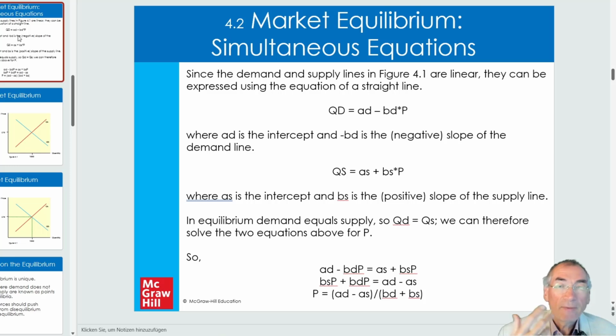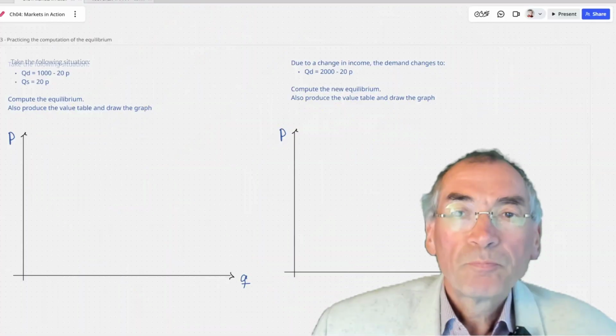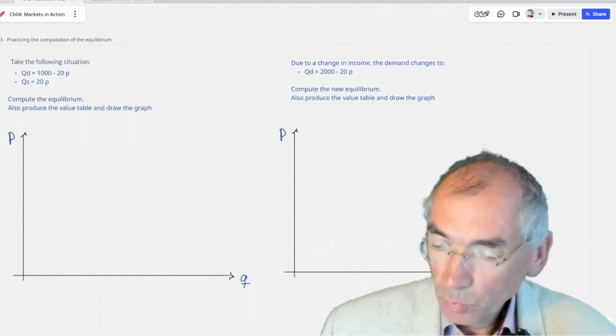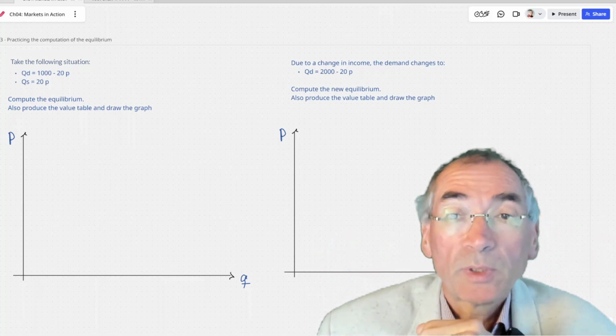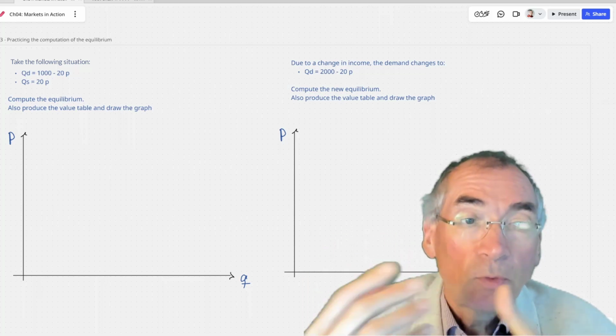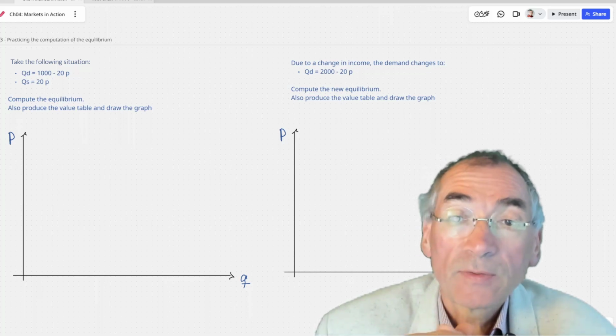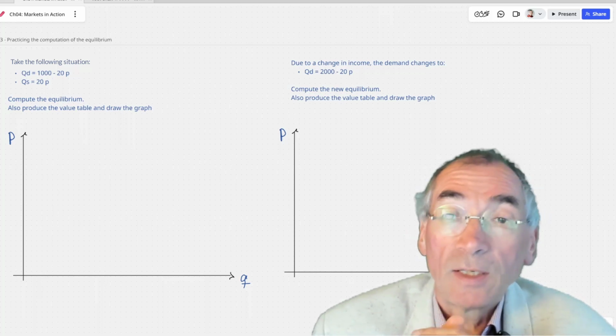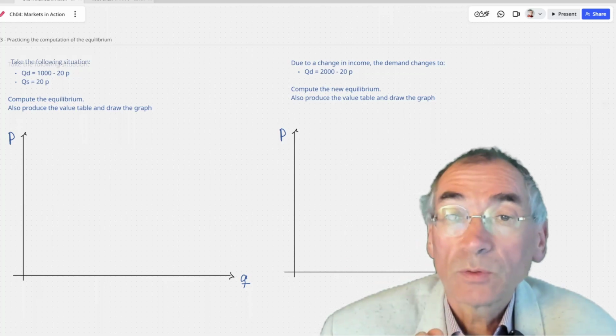So let us, at the end, take just one example and then compute the equilibrium. This last frame contains the task that I recommend you do before class, so that we can talk about whether it is easy to do, whether it is straightforward, or whether there are questions or things that are not clear. These are the tasks to be done in class. Looking forward to doing this with you. See you there.